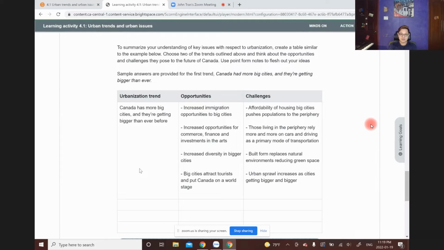And then the challenges are urban sprawl, like I told you before, how the city develops in a weird shape. Of course, when the city is getting bigger and bigger, it's getting harder to control how it will look, where the factory will be located, where the people will be living.